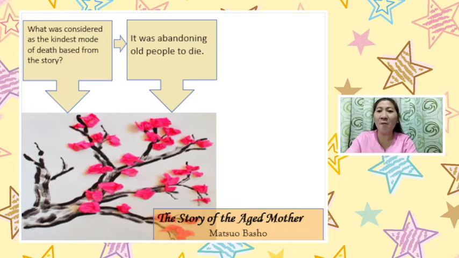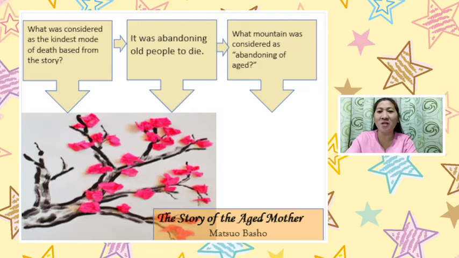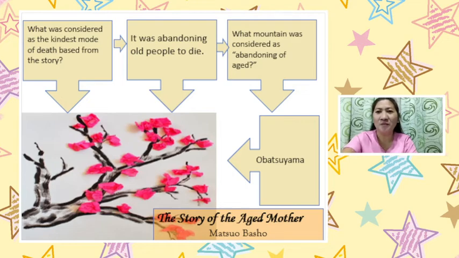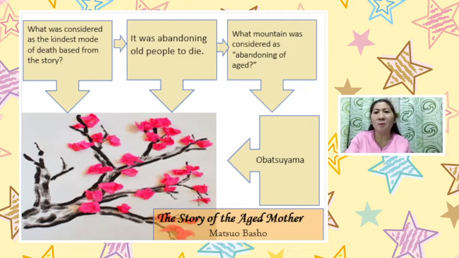We have there a mountain which was considered as the place for abandoning the aged. What mountain was that? It is called the mountain Obatsuyama. The poor farmer decided to abandon his aged mother in the mountain Obatsuyama.